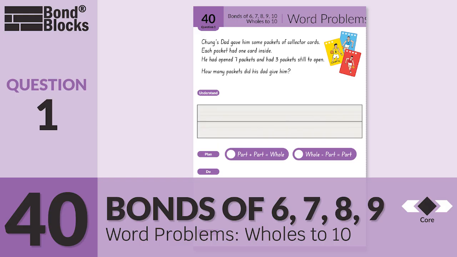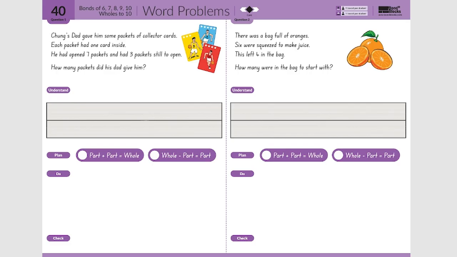Welcome to Activity 40. In this activity, we will be solving word problems using the 4 steps of understand, plan, do, check. The most important is step 1, understand. In this step, we will draw a diagram.